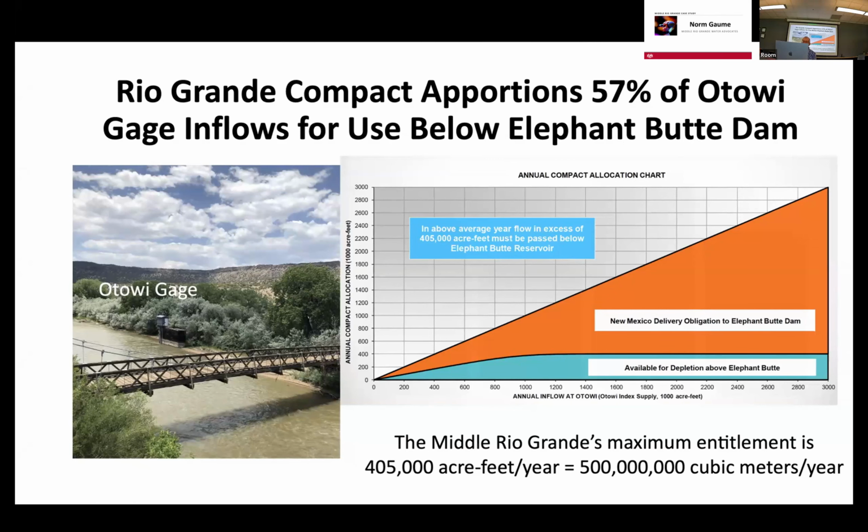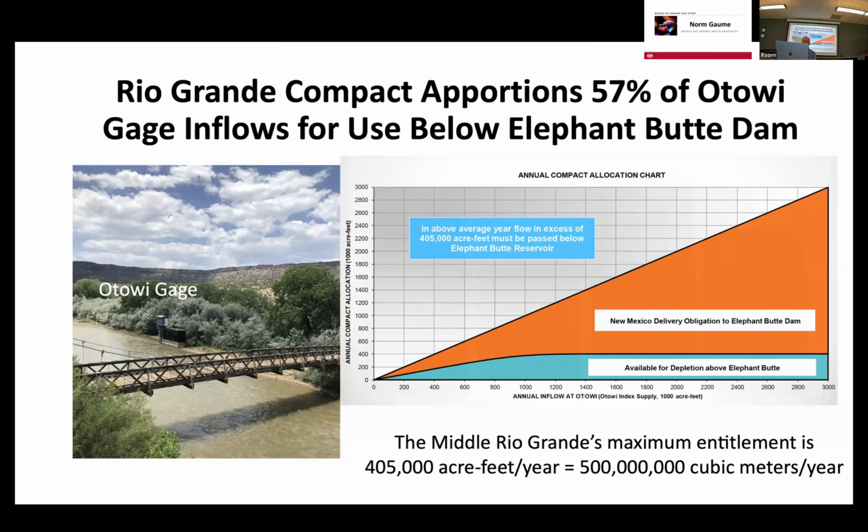For example, the total wedge that's colored on this graphic goes from a flow of 0 on the left to 3 million acre feet on the right. The orange slice is what New Mexico is obligated to deliver through the Middle Rio Grande for use downstream. The turquoise slice represents the water that's available for consumption within the Middle Rio Grande.